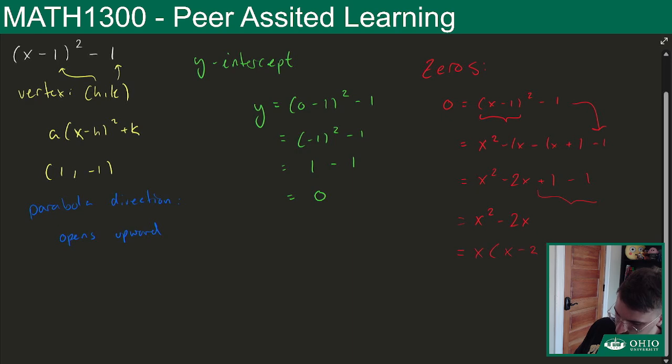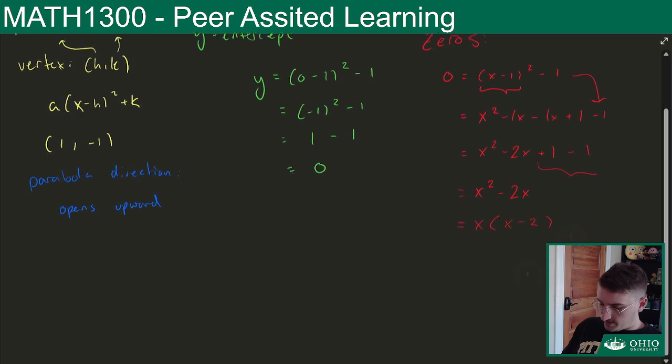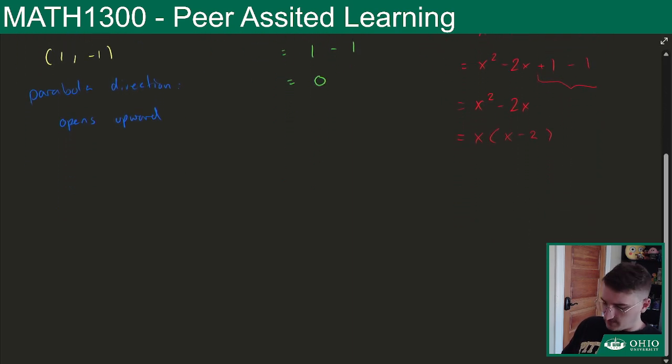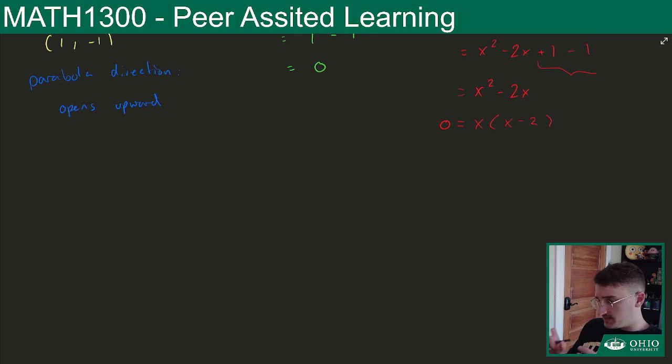x minus 2. Now that I've factored, we can use the idea that if I have this whole equation set to 0, and I'm multiplying all my terms, anything multiplied by 0 is 0. This now means we can analyze each term individually.